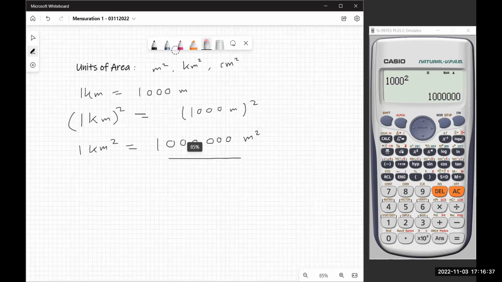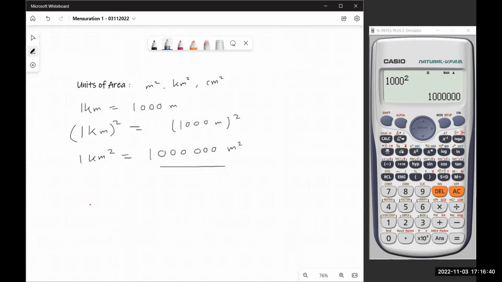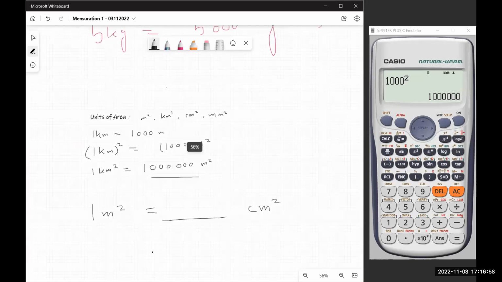Now that's the same thing for cm. We'll also have mm square, by the way, millimeter square. Okay. I'm going to ask you, how many centimeter square is 1 meter square?